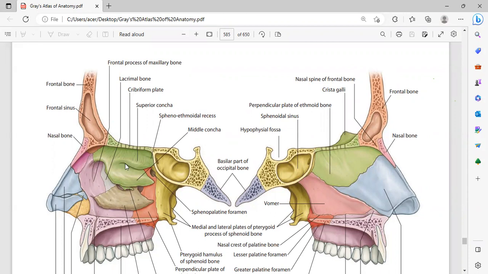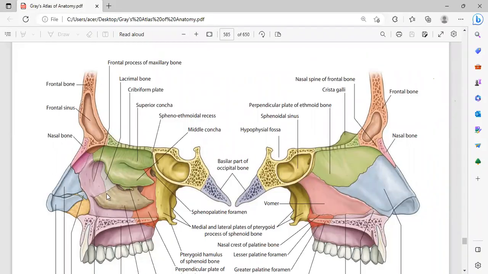So these are basically projections into the bony cavity, into the nasal cavity from the bone itself. So you have the ethmoid bone here, the cribriform plate, and then there is this part that projects into the nasal cavity, which is the labyrinth. And the labyrinth has these two additional projections called the superior concha and the middle concha.